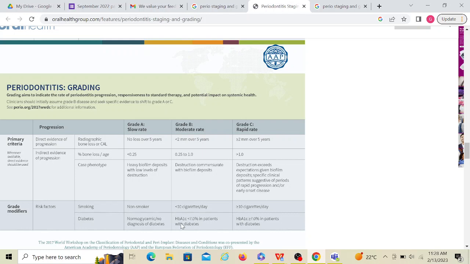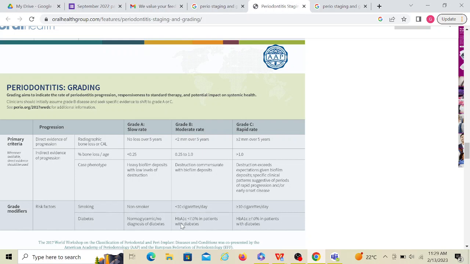Now if the third sub question said the patient has 5 mm of loss, the same patient came to you after 6 months and he still has 5 mm of recession all over, but there is no furcation involvement and the patient has stopped smoking since the past 4 months and he is not having diabetes. Now what is your classification?